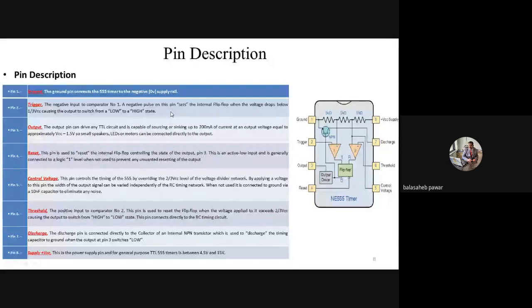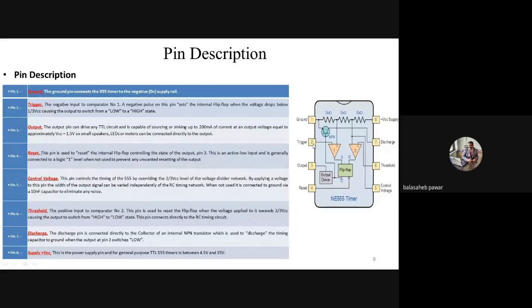A negative pulse on this pin sets the internal flip-flop when the voltage drops below 1/3 of VCC, causing the output to switch from low to high state. What is the meaning of that? Its non-inverting terminal for the first comparator is at 1/3 of VCC, a fixed reference voltage, and we are comparing it with whatever voltage is applied to this trigger pin.